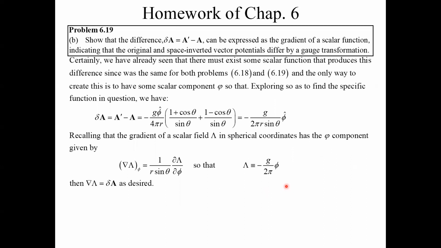And for part B, show that the difference delta A can be expressed as the gradient of a scalar function, indicating that the original and space-inverted vector potentials differ by a gauge transformation, and we can just directly calculate our difference delta A here, and the value will be like this. Recalling that the gradient of a scalar field sigma in spherical coordinates has the components given by this one, finally our scalar field will be like this.